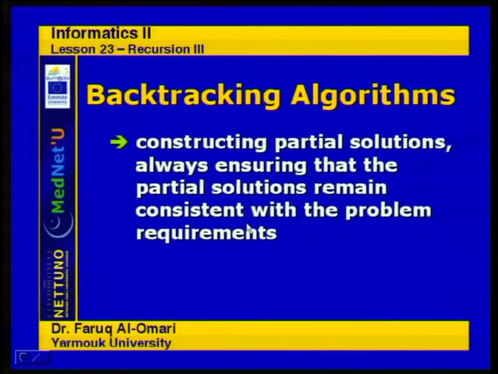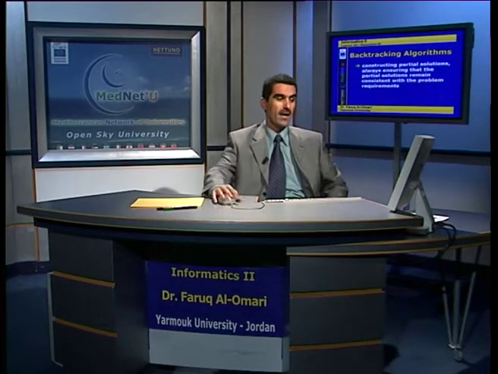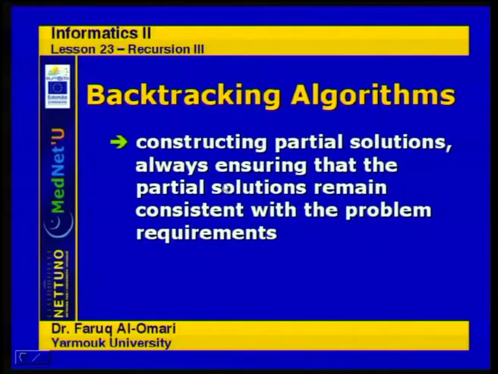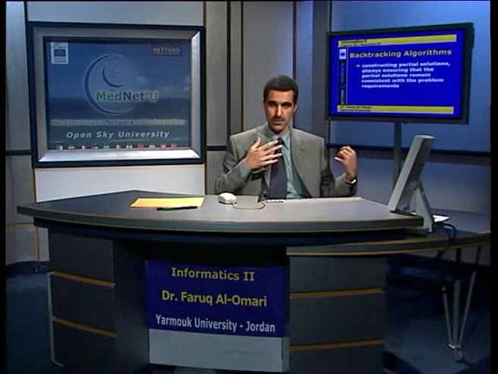So what we're going to do is construct partial solutions. That's what the backtracking algorithm means. I add a new queen toward finalizing the solution, and then always ensure that the partial solutions remain consistent with the problem requirements. That is, when I add this new queen, I have to be consistent with the rules.